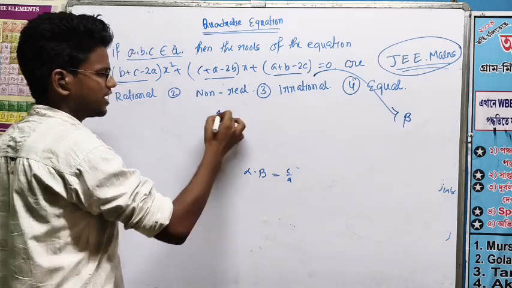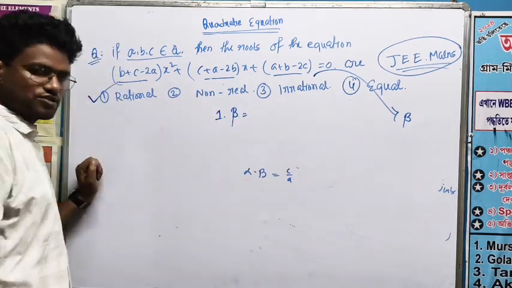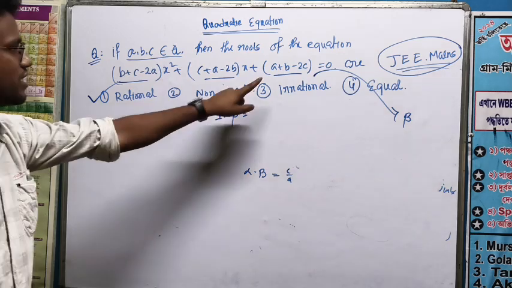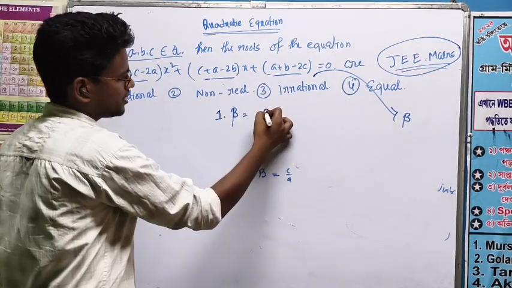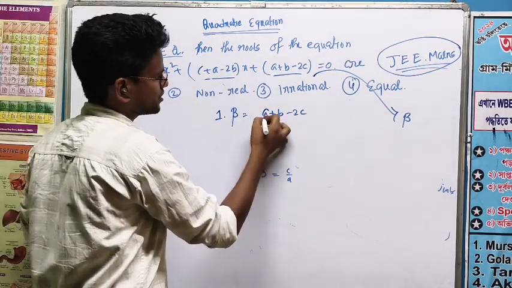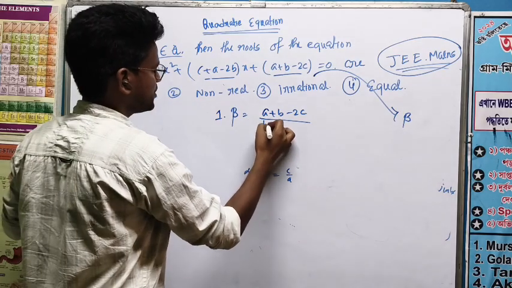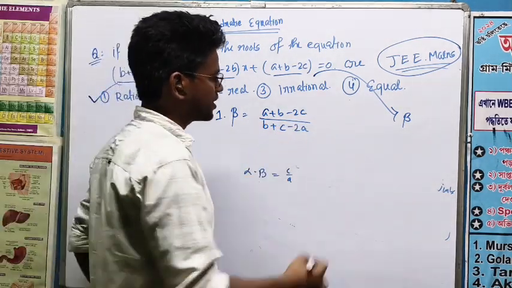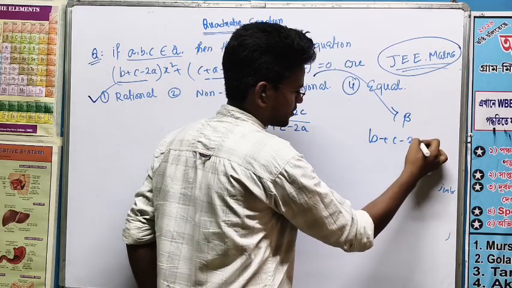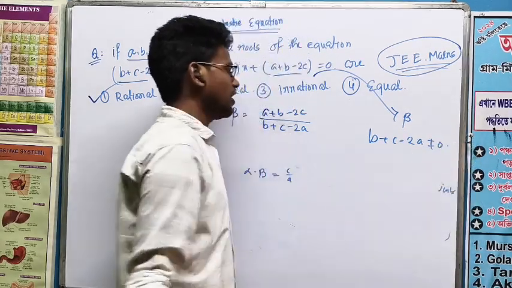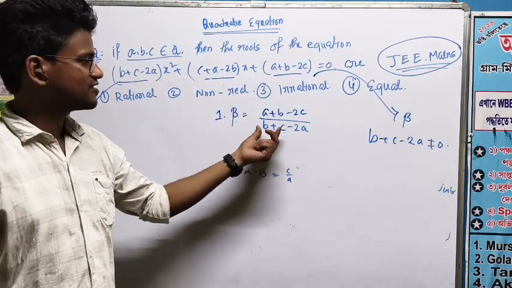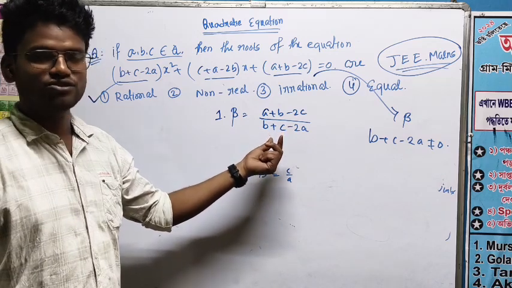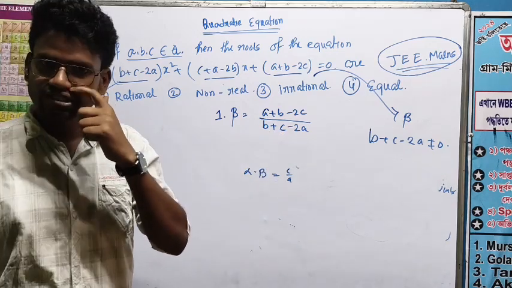So 1 is a root, and beta is the other root, and the product of the roots is (a plus b minus 2c) divided by (b plus c minus 2a). Obviously this is not equal to 0, because this is a quadratic equation. And this is a division of two rational numbers, so obviously it is a rational number.